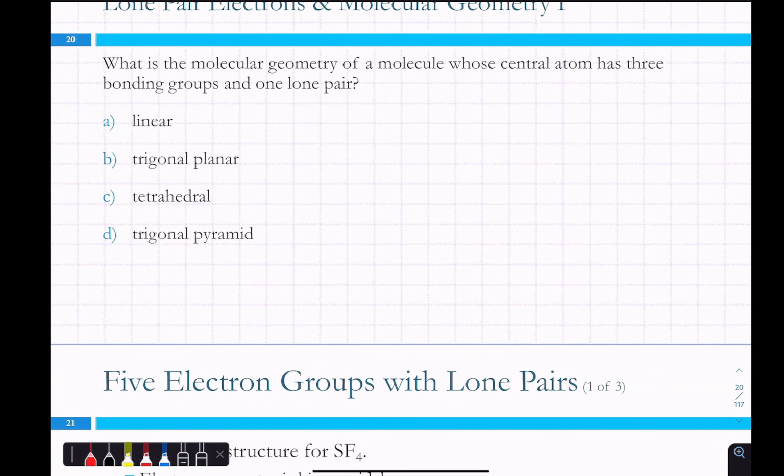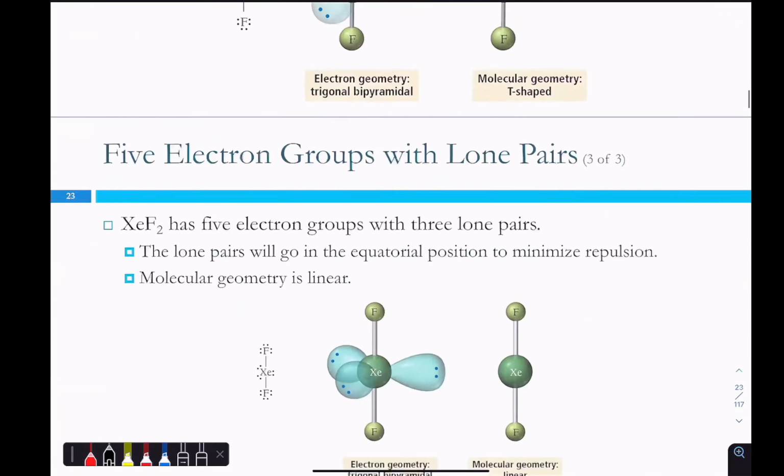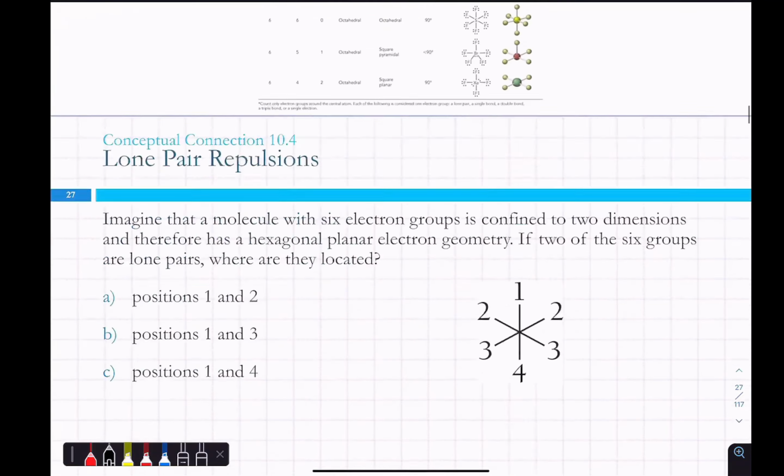So what's the molecular geometry of a molecule whose central atom has 3 bonding groups and 1 lone pair? Trigonal pyramidal. Another way that we can, wait, do we talk about this? I don't remember seeing it actually.